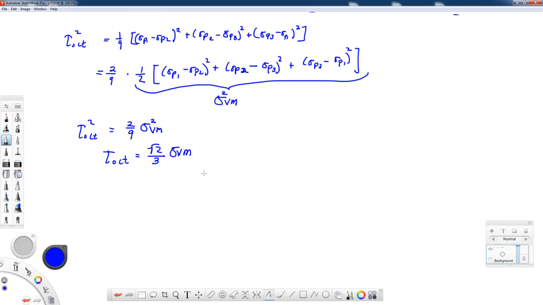And again, we can relate this to yielding. If the von Mises stress is equal to the yield stress, sigma naught, then the octahedral shearing stress is equal to square root of 2/3 times the yield stress at yield.